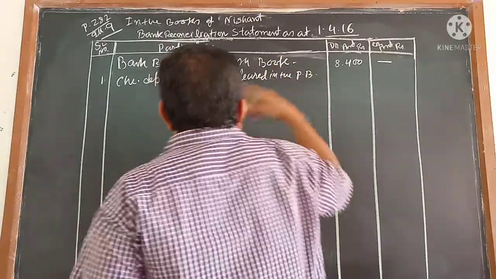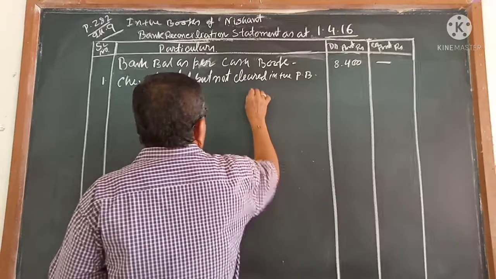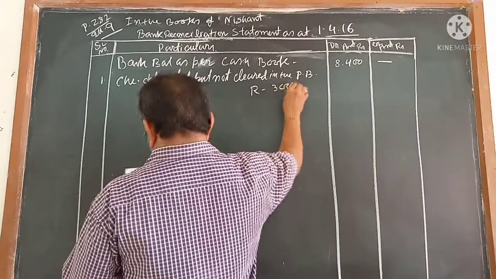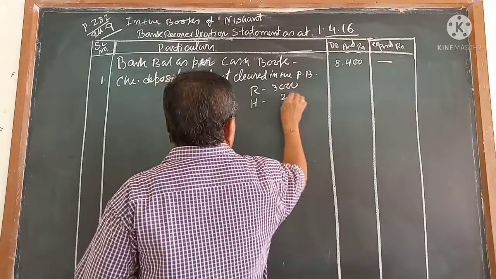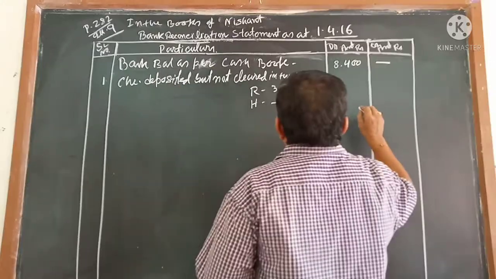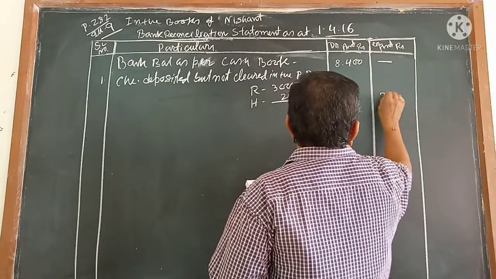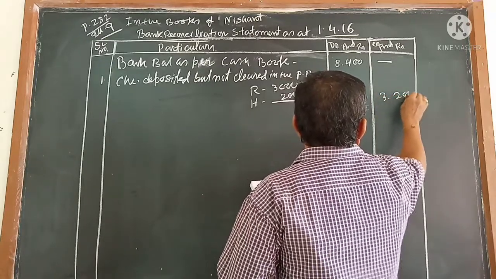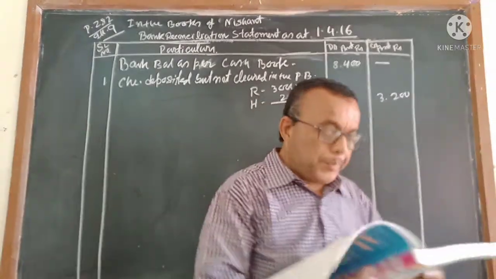But it is debited but not credited. And the amount is coming: 3,000 and interest is 200. That means the total comes to 3,200. It is debited but not credited. We write it. So the cash book's debit column is done.